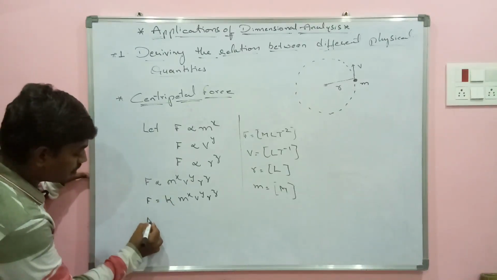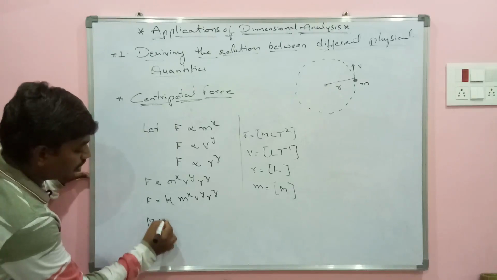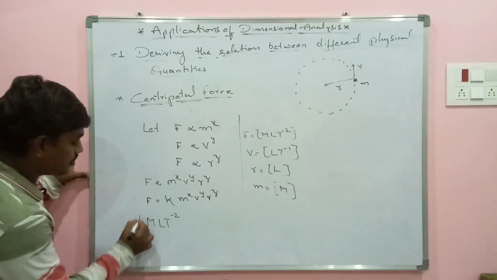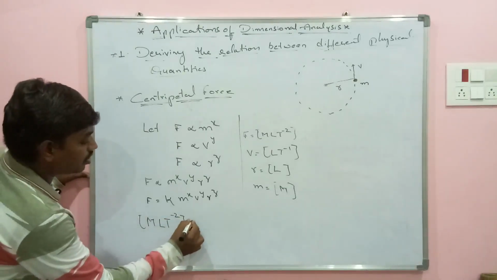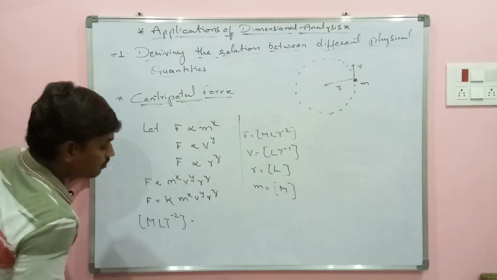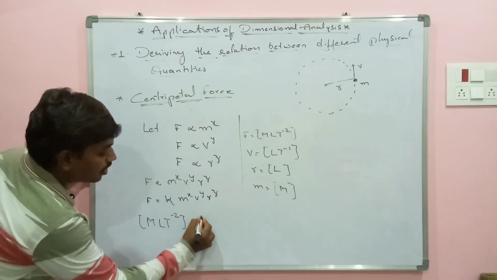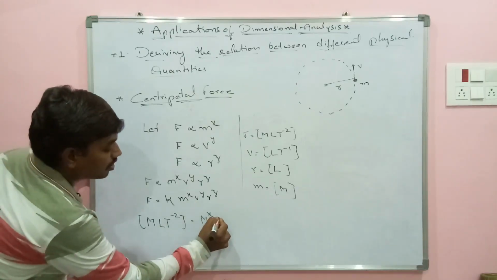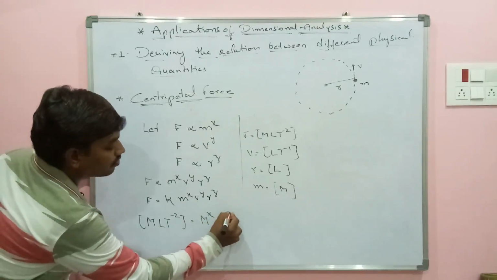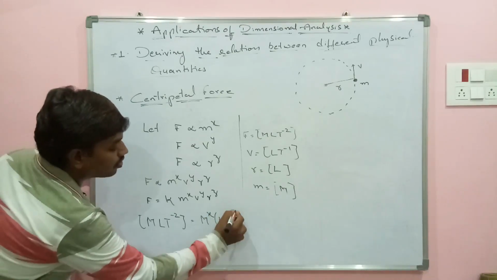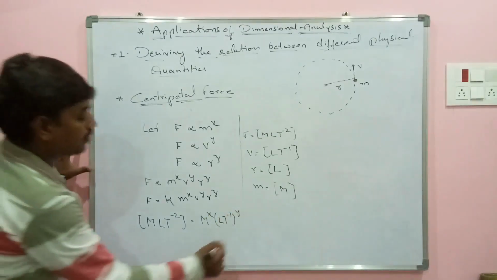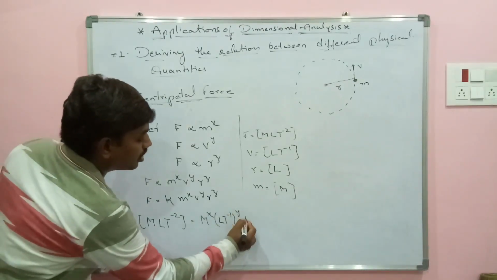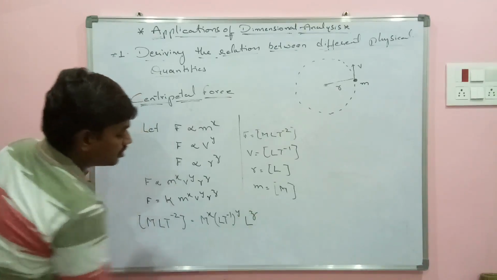Substituting the dimensional formulae, M L T to the power of minus 2, the dimensional formula of F, is equal to the constant, which doesn't have any dimensional formula, capital M to the power of x, L T to the power of minus 1 whole to the power of y, and r is L, L to the power of z.